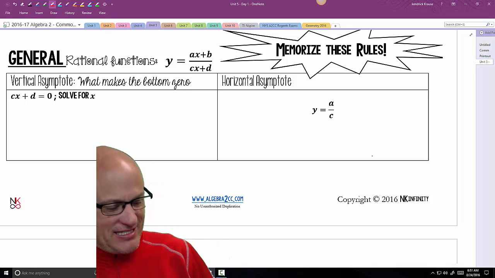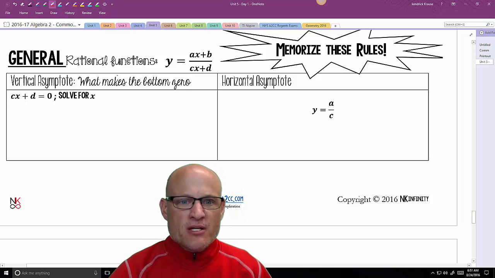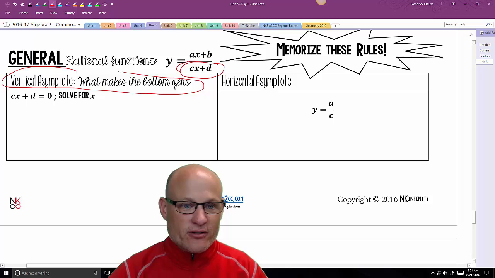So we're going to change things up a little bit here. Just a wee bit. Notice this is my denominator. And a vertical asymptote is what makes the denominator equal to 0.